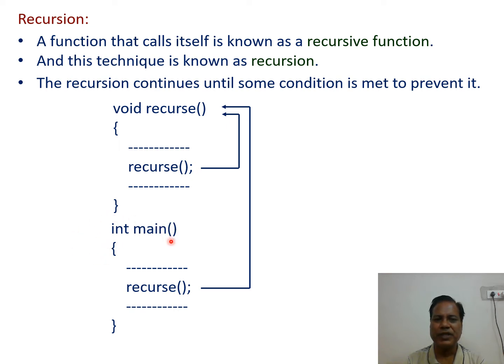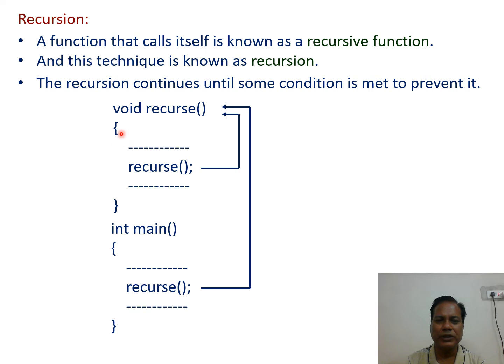So when this program is executed, the body of the main function is executed first, and within the body of the function, recurse is mentioned, with nothing within the open and close parenthesis, and then a semicolon. So the recurse function is called, and control goes to this function, void recurse.